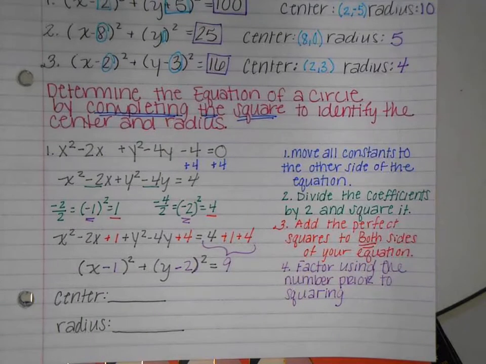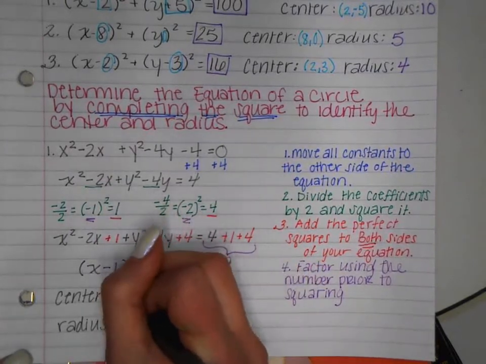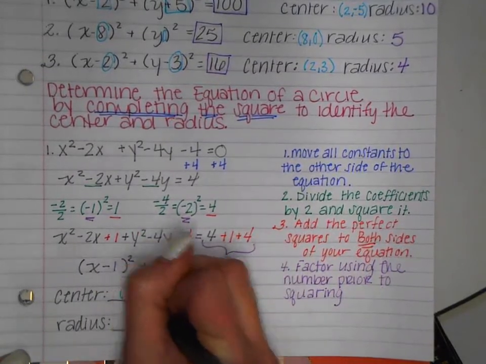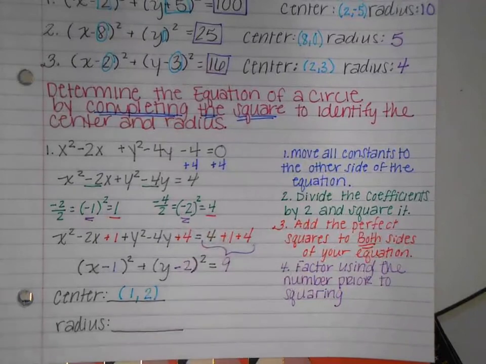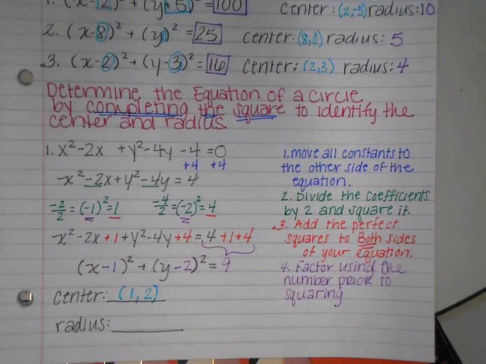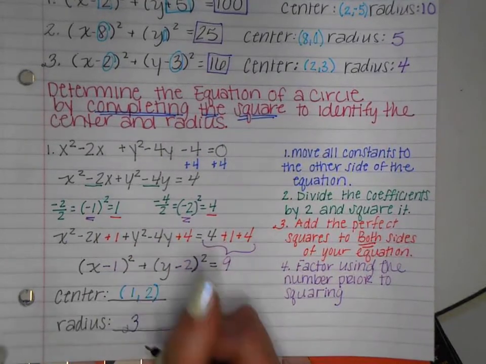Well, our center is our -1, -2, which is really the opposite of -1, and -2 is +1, +2. And our radius is the square root of 9, which is 3.